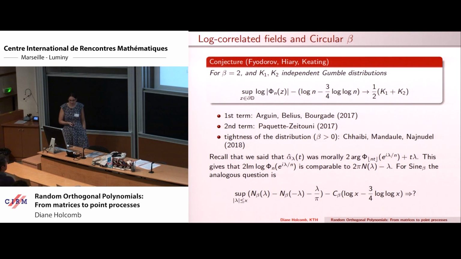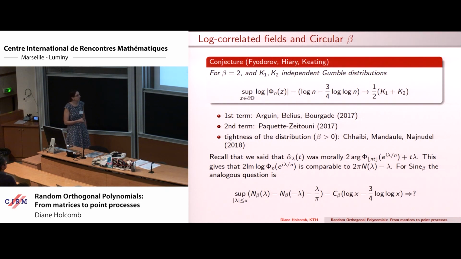And why does this tie into our question? Back at the beginning, we had that this alpha hat was morally equal to this omega function, right? That was twice the argument at n, t, e to the i lambda over n plus t lambda.